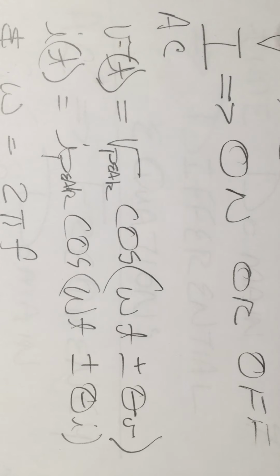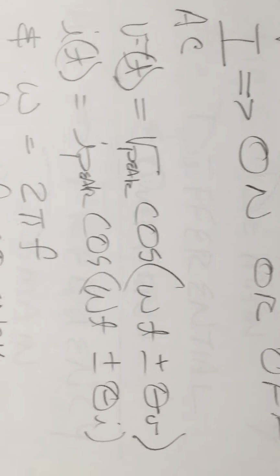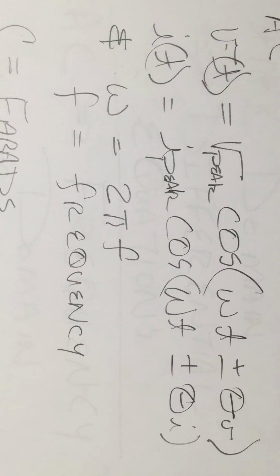Basically, the time domain value was a peak value, V peak or V max. I think the book calls it V max. V max cosine omega t plus or minus theta V. And the current equation in the time domain was I peak cosine omega t plus or minus theta I, where omega is 2 pi f and f is the frequency.